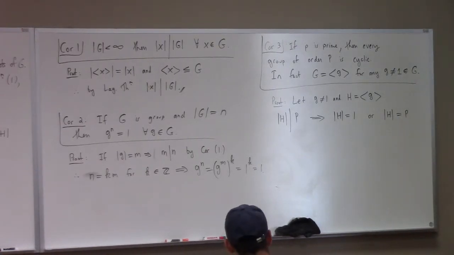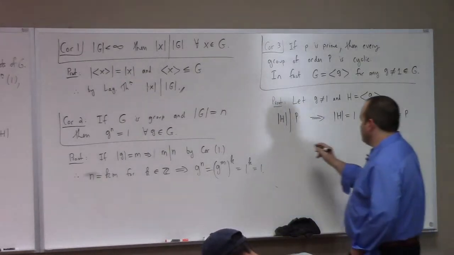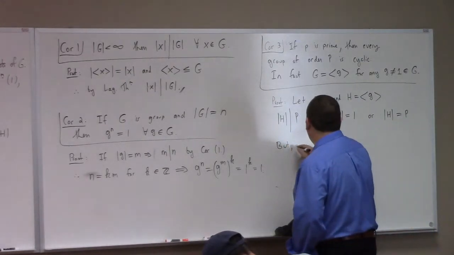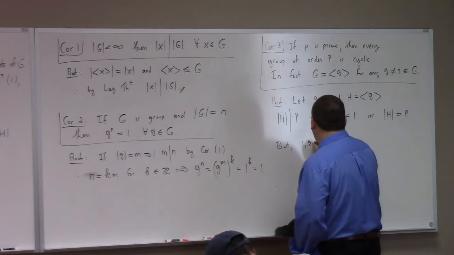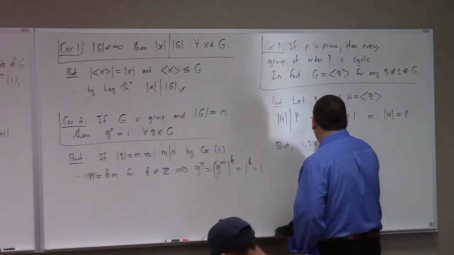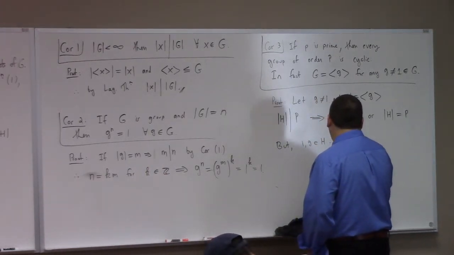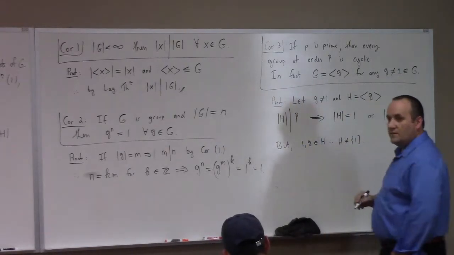Can the order of H be 1? Right, but 1 and g are elements of H, so therefore H is not equal to the trivial subgroup.